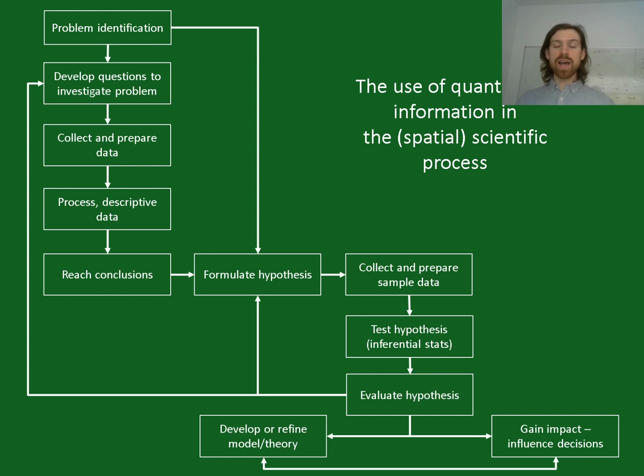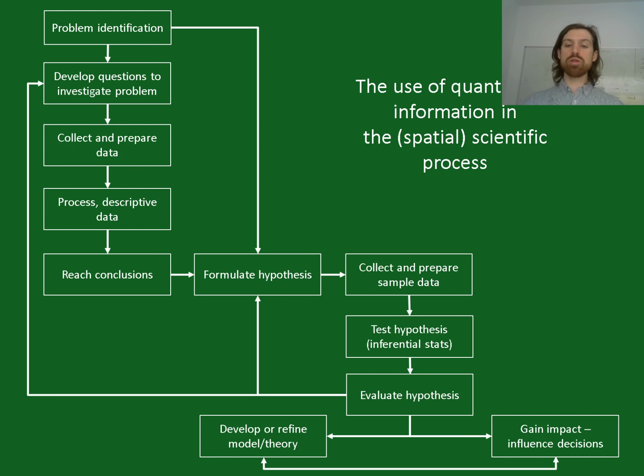In the second lecture, I covered the scientific research process. So particularly how we use quantitative information within spatial science. And for most of what we've done so far, we've covered mainly what's on the left-hand side of the screen here. So that's particularly where we might collect data and we might process the descriptive statistics and draw some conclusions from that.